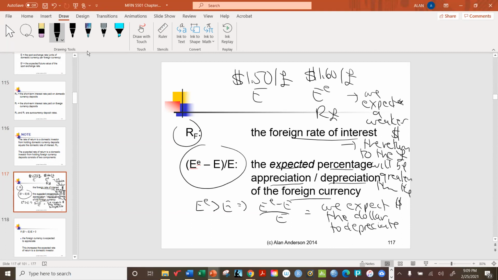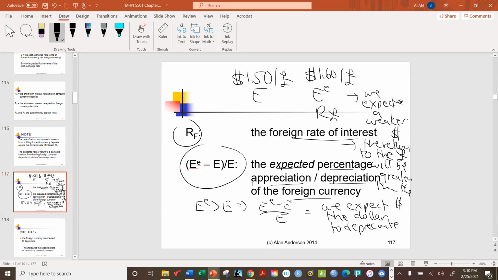All right. So in other words, if we really believe the dollar is going to go downhill next year, we're probably better off buying euro sterling because we'll profit from it. All right. Now, clearly, if the opposite happens, then we would expect the dollar to be stronger and we're better off holding dollars than pounds. And that's exactly what people will do.